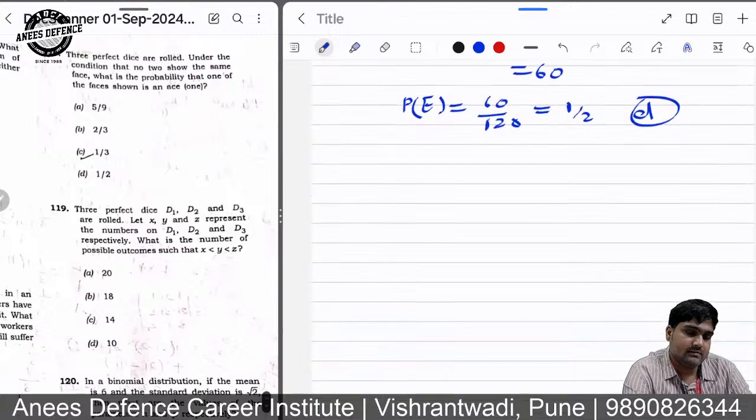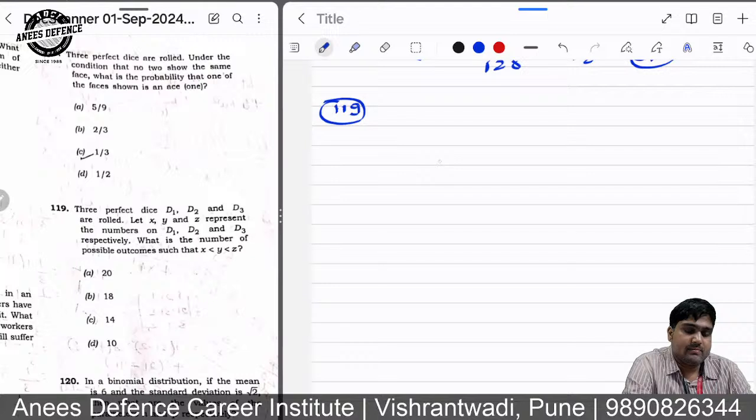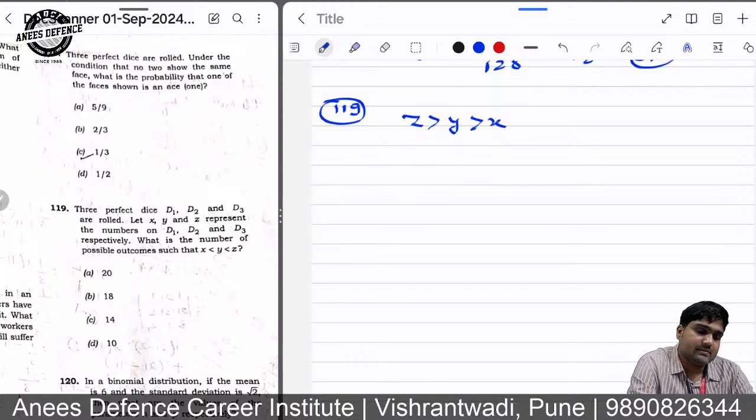Question number 119. Three perfect dice D1, D2, D3 are rolled, and X, Y, Z represent the numbers on the faces of D1, D2, D3, and the numbers satisfy Z greater than Y, Y greater than X. So make a table of X, Y, Z. If I consider X as 1, then Y will be 2 and 3.